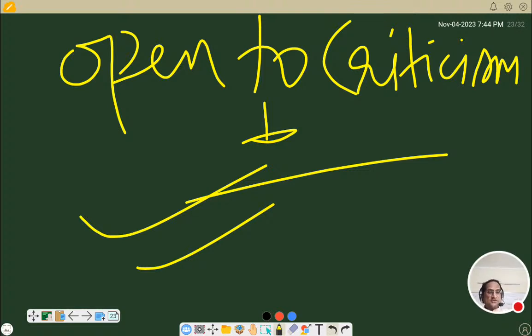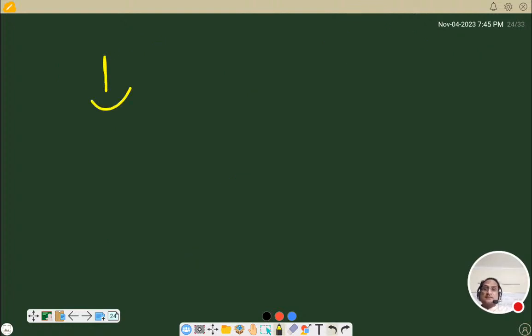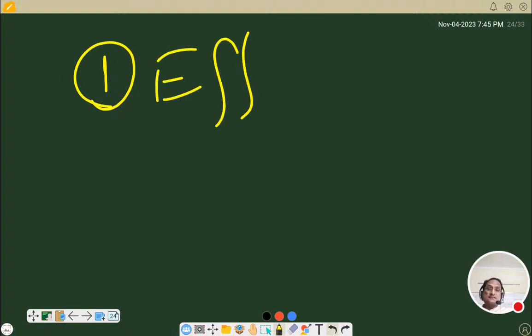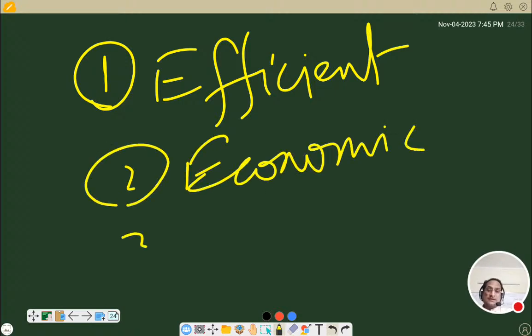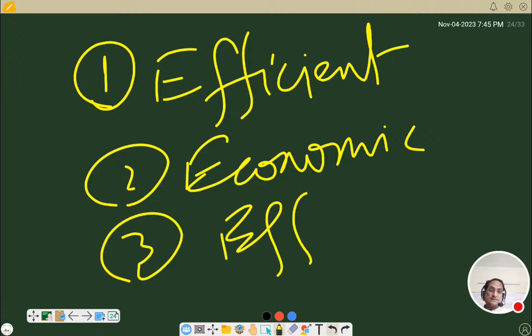UPSC will always ask your conceptual understanding. One of the questions asked by UPSC was, why do we follow such systematic steps? The answer is here, because systematic steps will ensure that we are following an efficient method. We are following an economic method. Our results will be effective.